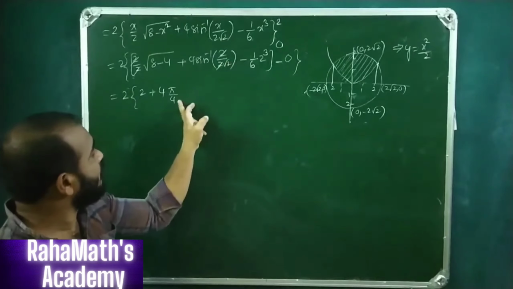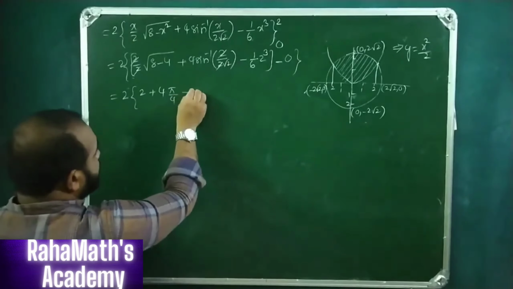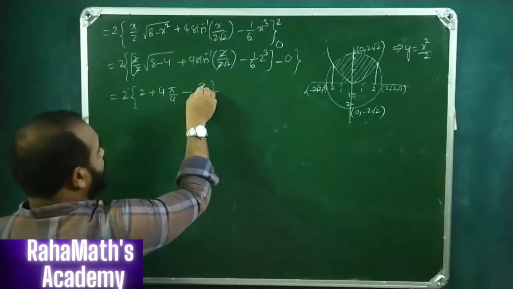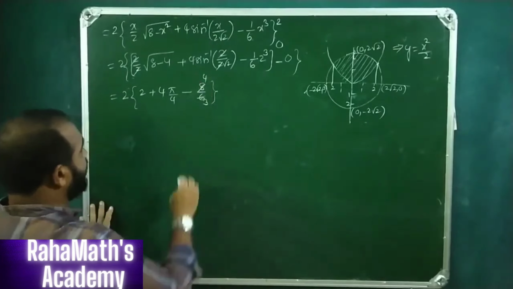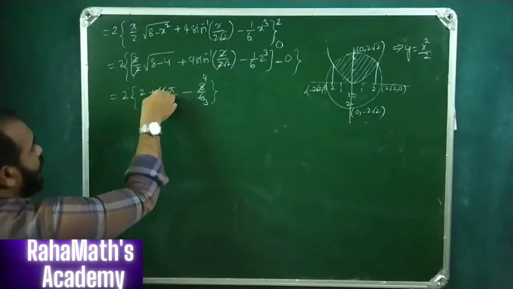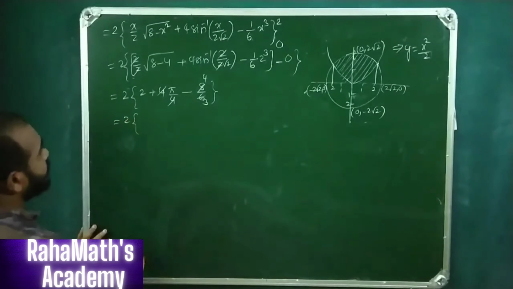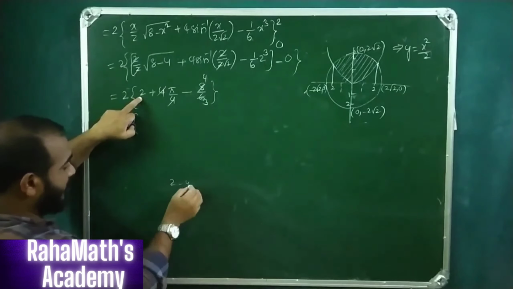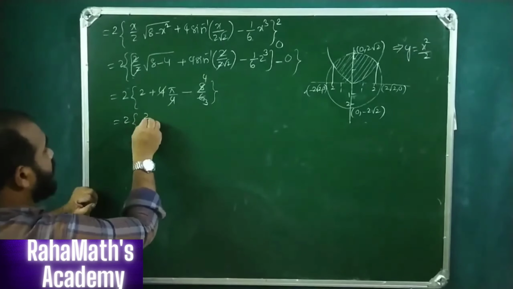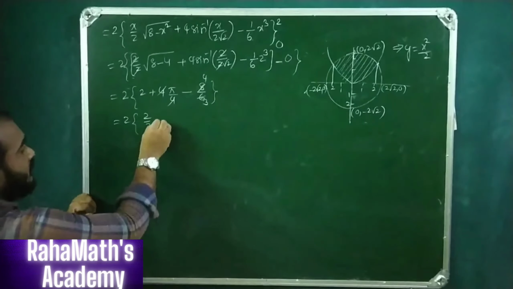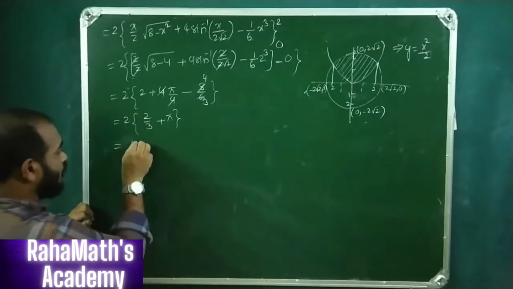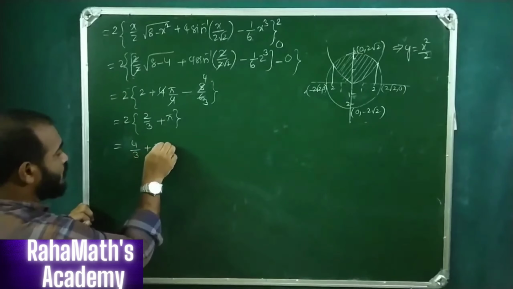Minus 2 cube, 8 by 6. So 4 times pi by 4 is pi, and 8 by 6 is 4 by 3. So 2 into 2 minus 4 by 3, 3 twos are 6 minus 4, is 2 by 3, plus pi. So 2 twos are 4 by 3 plus 2 pi.